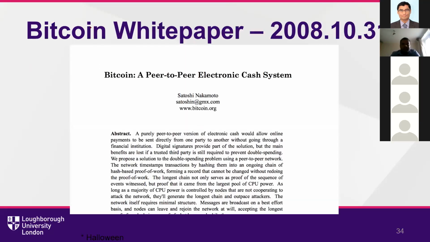This is a guy. I believe some of you might have heard about this. This name is also a pseudo ID. He wrote this paper in 2008 and published it. He also built the whole Bitcoin software and made it public.